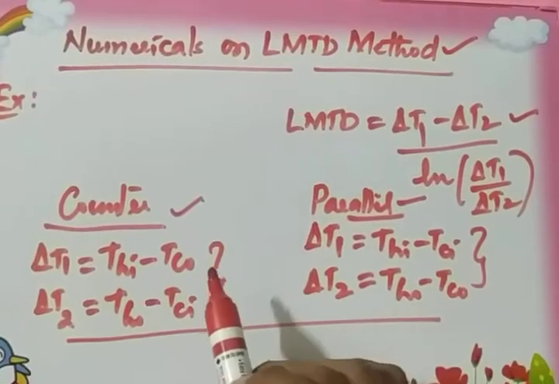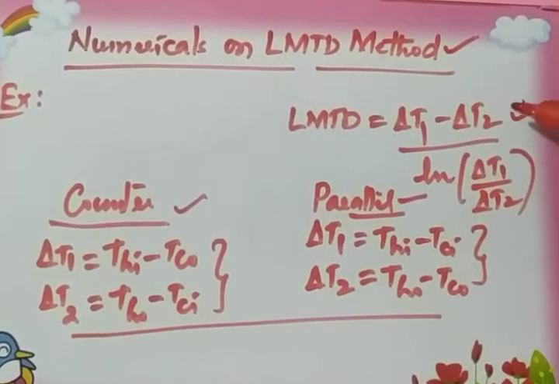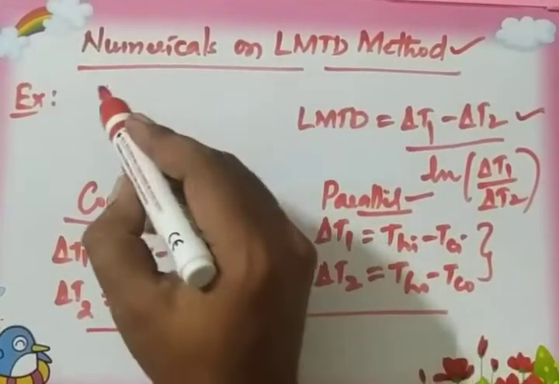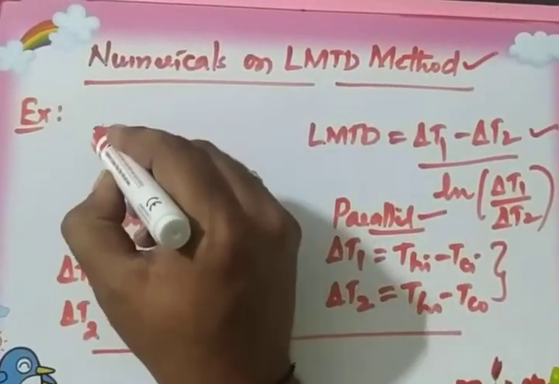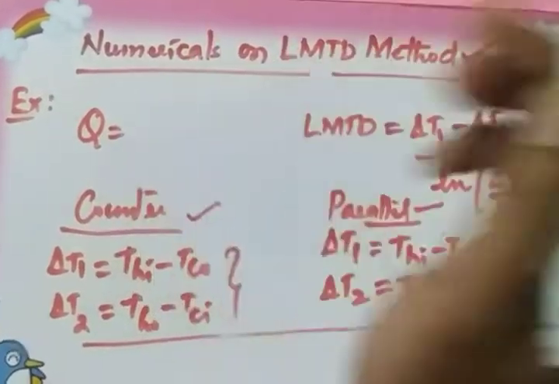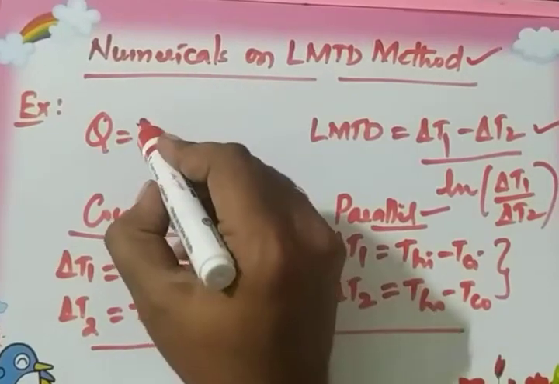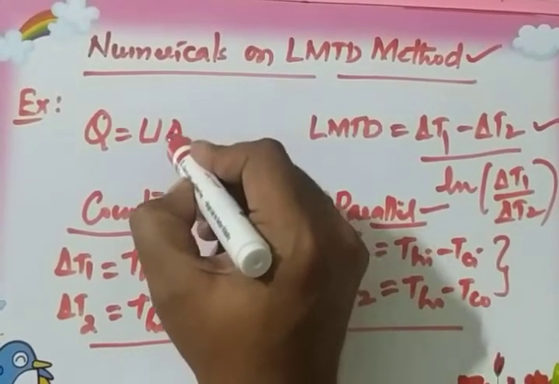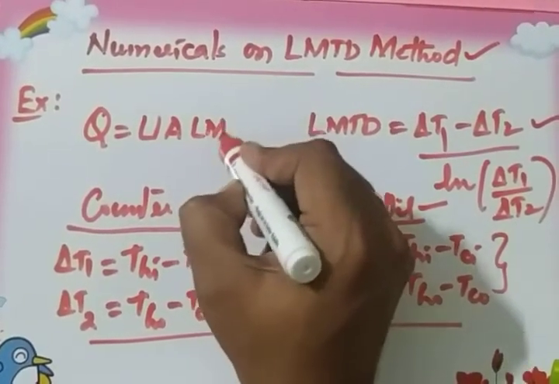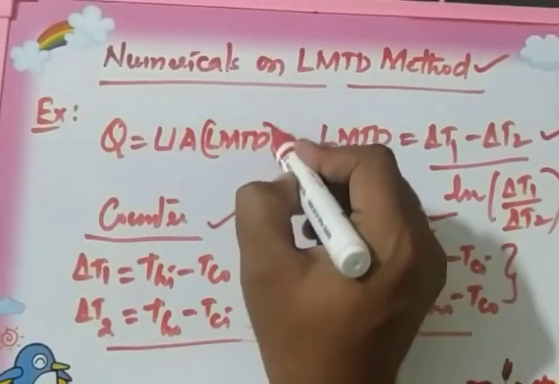Now along with this, once you calculate LMTD, we could finally write an expression for the total rate of heat transfer Q, which was given by U into A into LMTD or delta Tm.